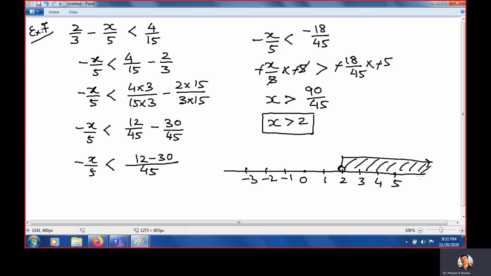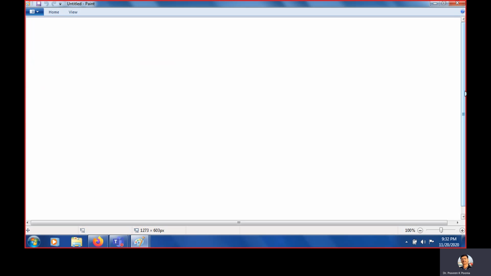You need to practice these questions so that you can get full marks. This is very simple. If you practice these questions, you will automatically practice the linear equations for one variable that we studied previously.